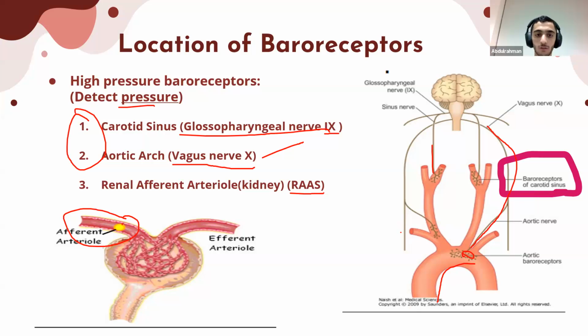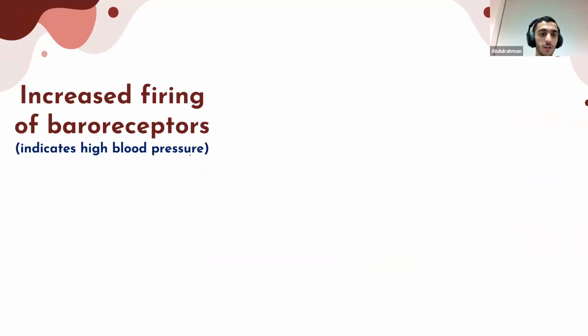All right, let's go back to this slide. So we took a situation where there was an increased firing of baroreceptors, and we said increased firing is indicative of high blood pressure. Allow me one last second.